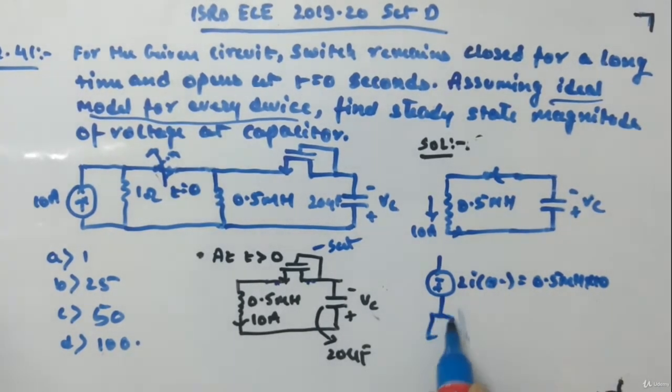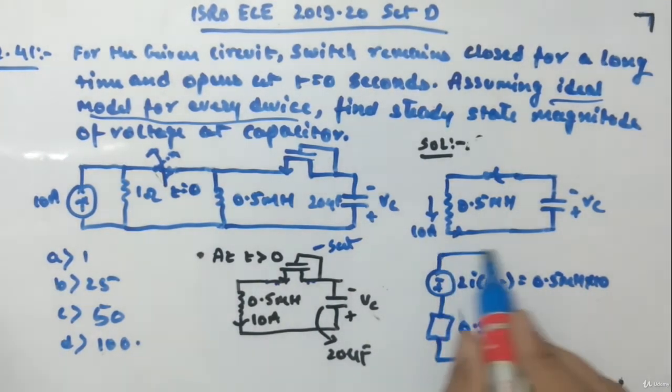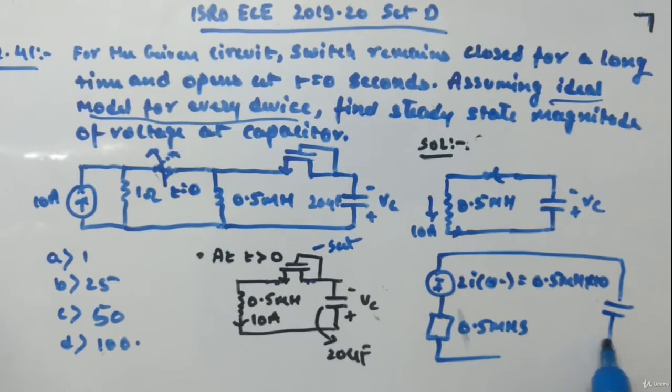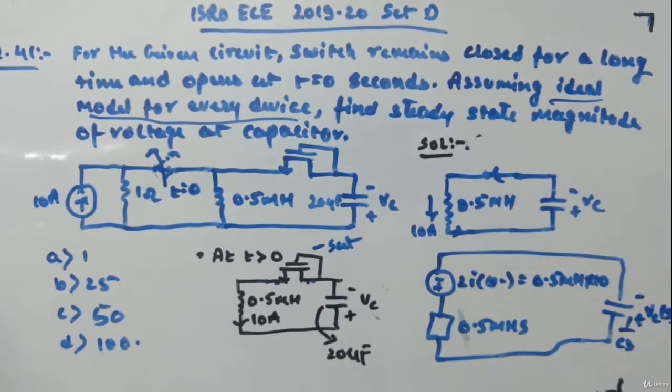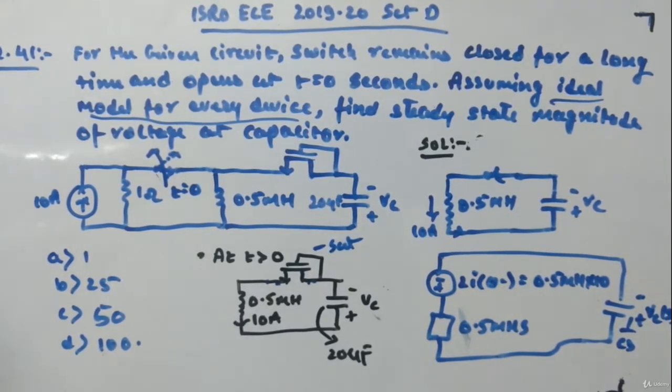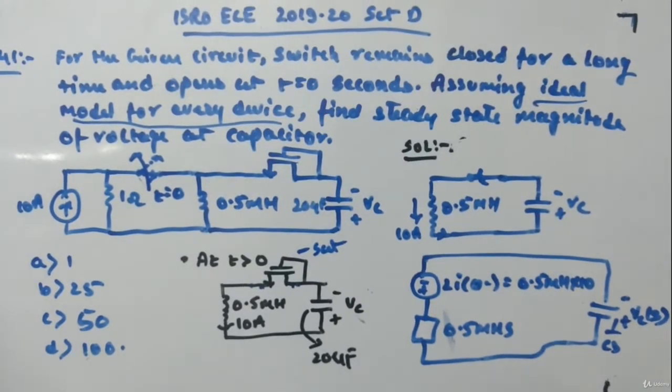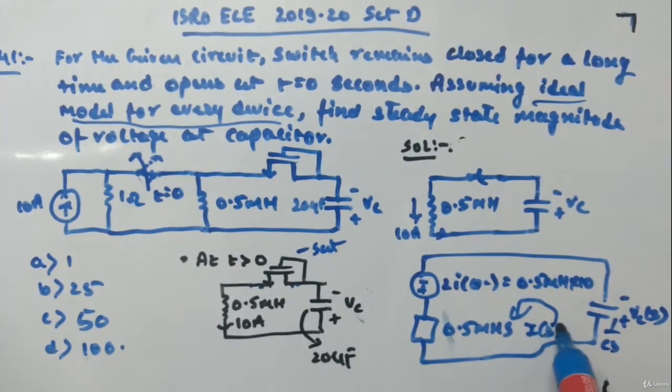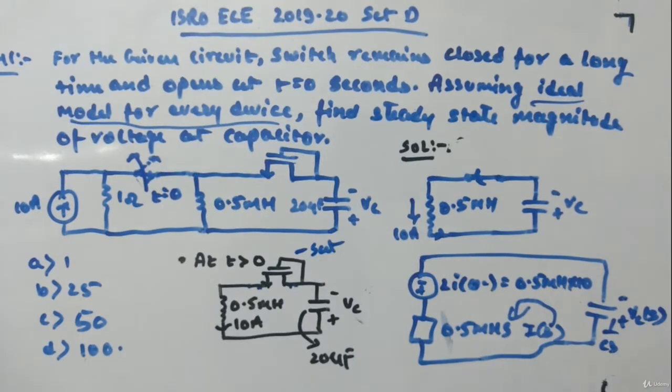This is one inductor, Ls, 0.5 millihenry into s, and there is one capacitor, which is 1 by Cs, negative, positive, this is VCs. So now the circuit is transformed into a Laplace circuit. You can assume a current flowing in this fashion, I of s, and you calculate I of s, and you get the voltage across this also if you multiply with 1 by Cs. So that's what we will do now.